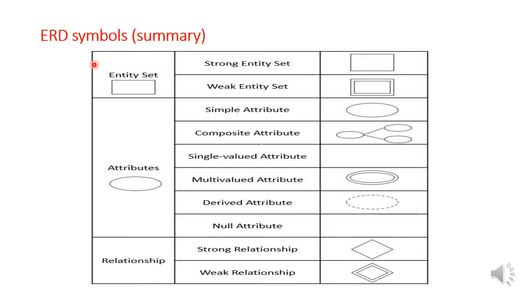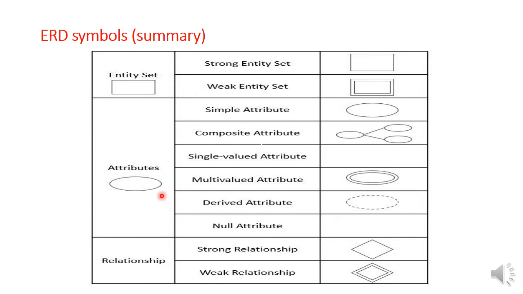Here we have an entity set, which means a set of entities, remembering that an entity is an object about which you can collect and store information. A strong entity or simple entity is represented by a rectangle. A weak entity set is represented by these symbols: an inner and an outer rectangle.